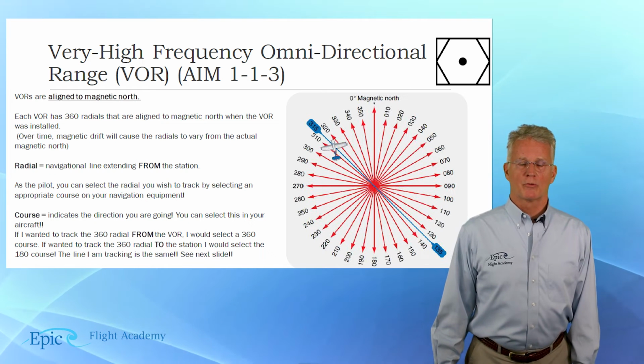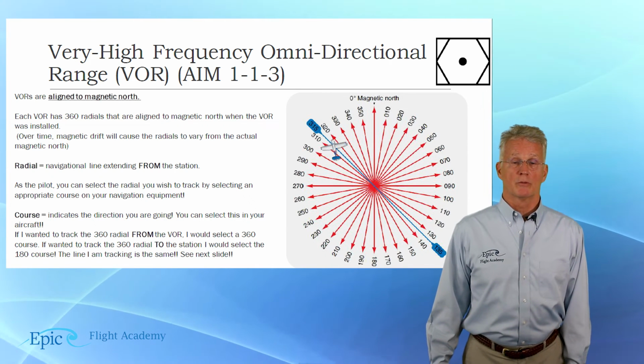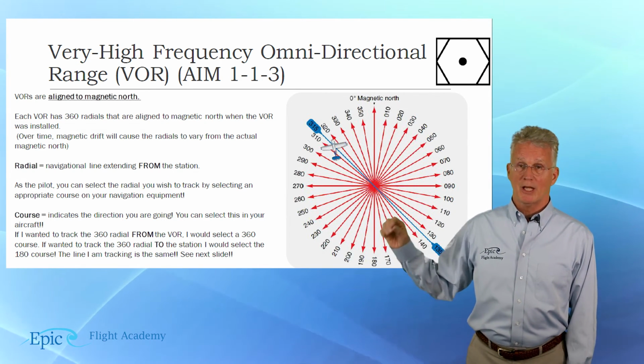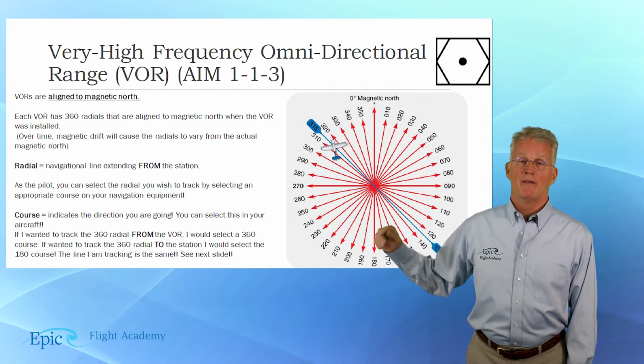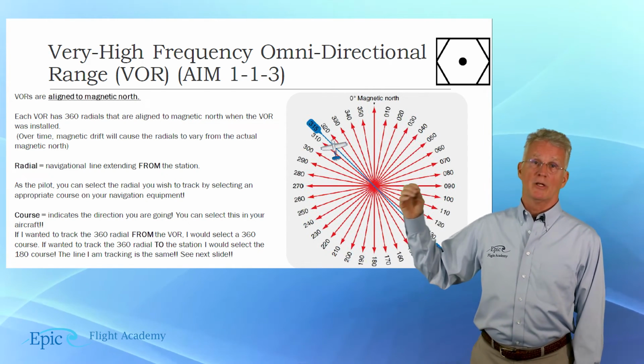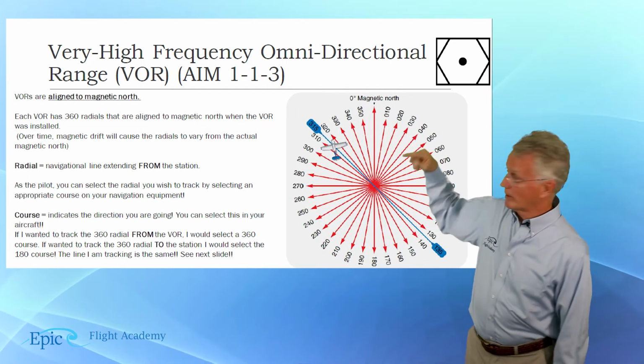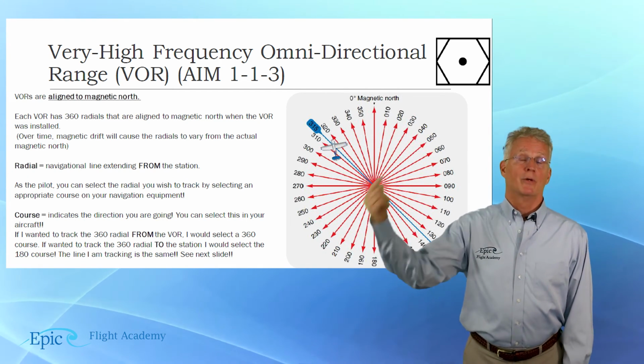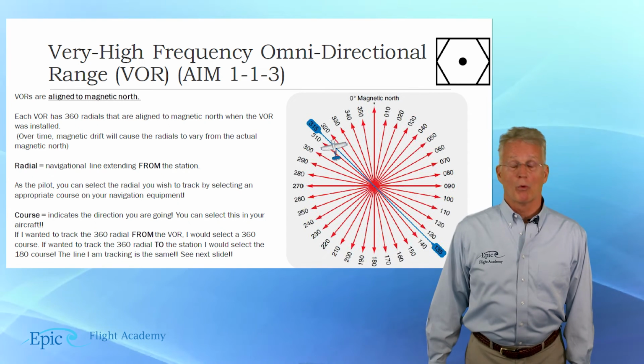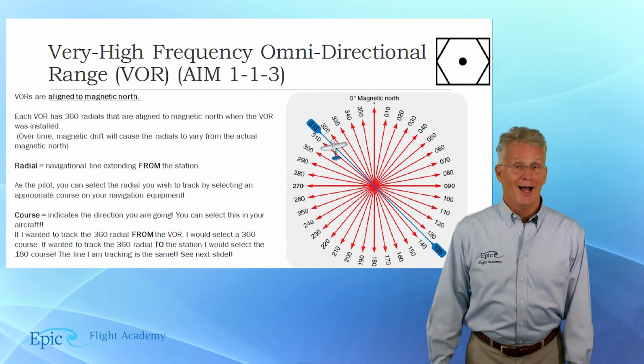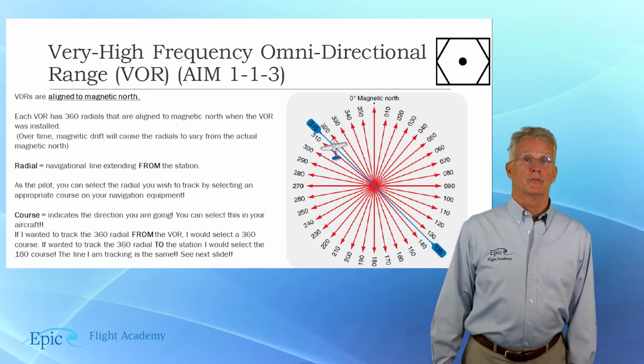If I wanted to track the 360-degree radial to the station, I find I'm still north of the station on 360, but if I wanted to go to the station, I would now fly south or 180 on the 360 radial.